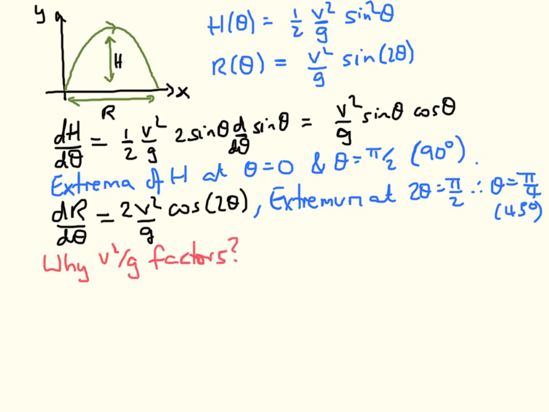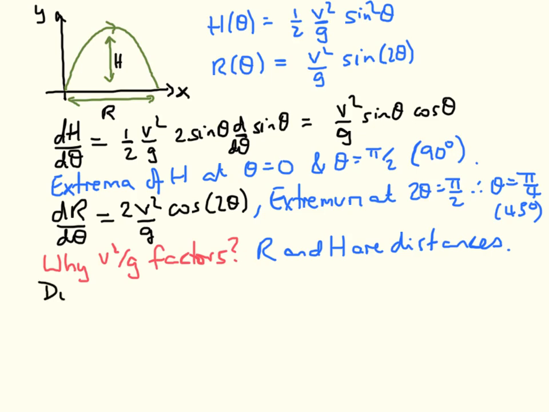And the key thing to recognize is that both r and h are distances. So in terms of units, they must be measured in meters, but in terms of dimensions, they are going to have dimensions of length.